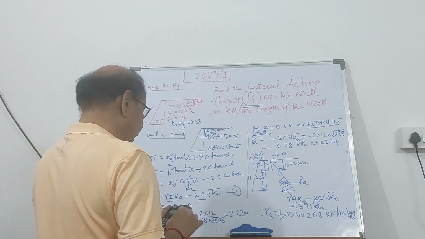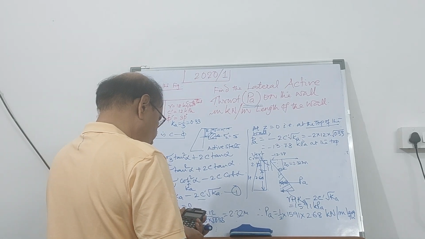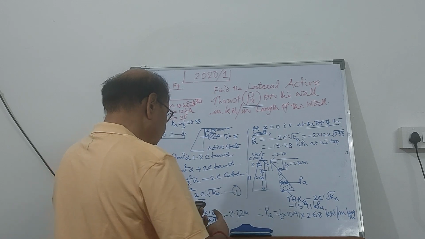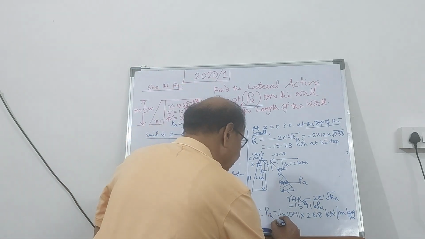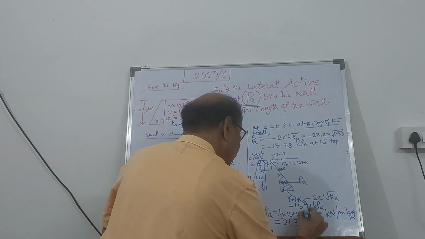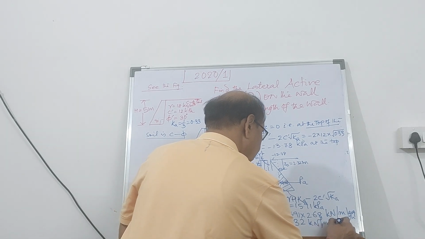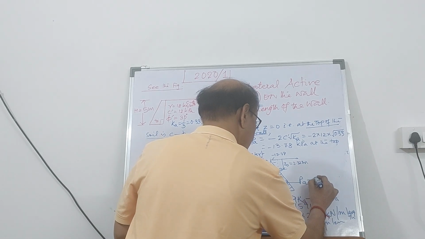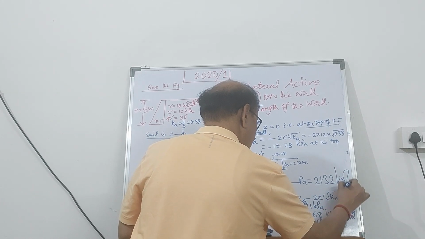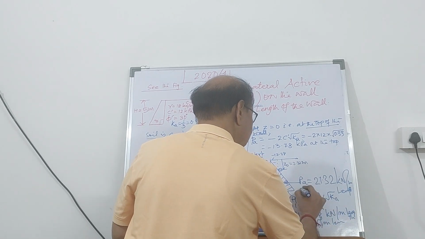So I will calculate it, multiplied by 2.68. It is 21.32 kilonewton per meter length. This is the answer.